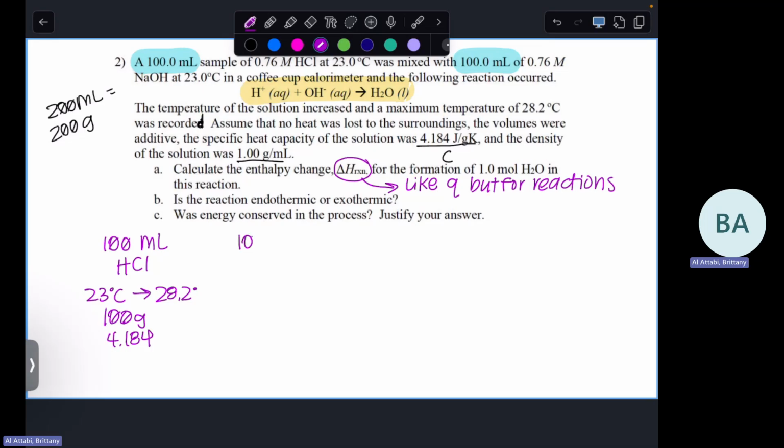And then I also have 100 milliliters of NaOH, which also went from 23 degrees to 28.2 degrees because I mixed them. This is what you're going to be doing in lab. We're going to have NaOH and HCl. You're going to mix them and watch the temperature change because it will. Because it's 100 milliliters, I know it's 100 grams. And again, 4.184 is my specific heat for that.